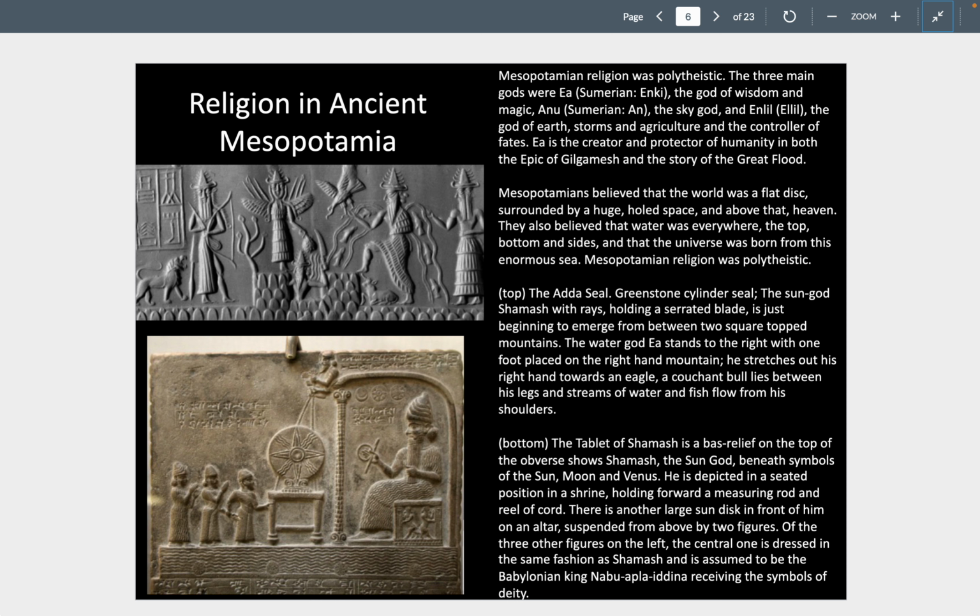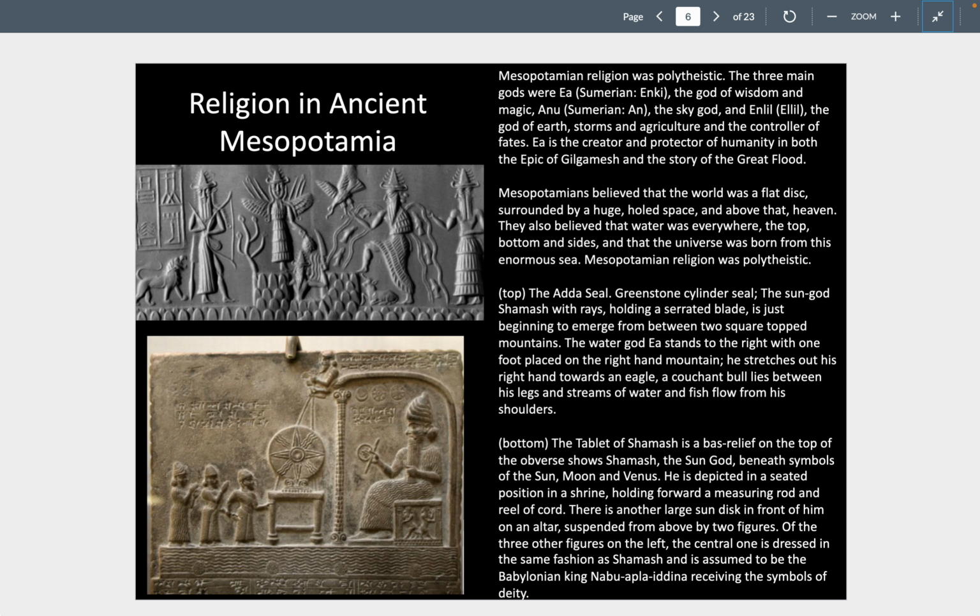These are two stories that we have found numerous writings on in cuneiform, in tablets. This is way before paper was invented. They believed that the world was a flat disk surrounded by huge holed space, and above that was heaven. They also believed that water was everywhere, the top, the bottom, and the sides, and that the universe was born from an enormous sea.